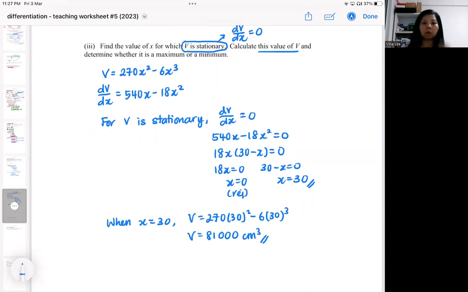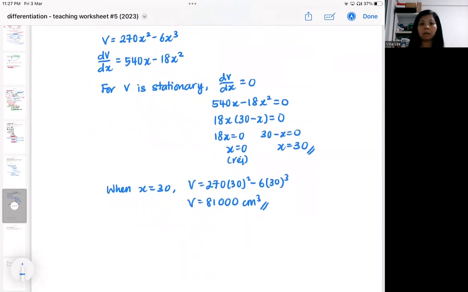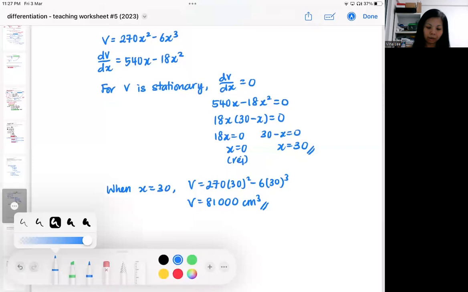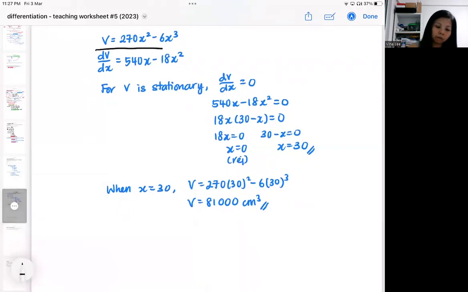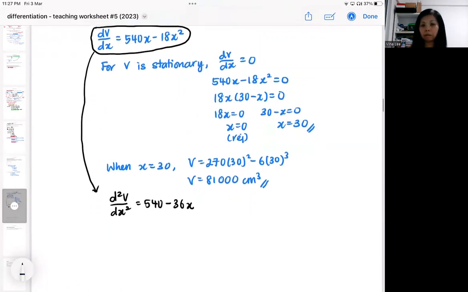The last part, your job is to determine whether it is a maximum or minimum volume. This is where you apply either your first derivative test or your second derivative test. It's actually quite easy for you to do a second derivative, so I will be using the second derivative test, and I'm going to test x equal to 30.